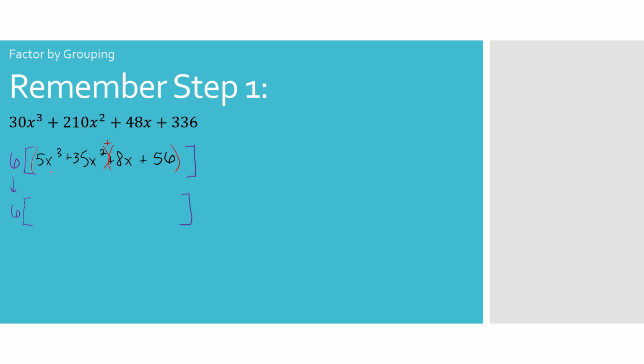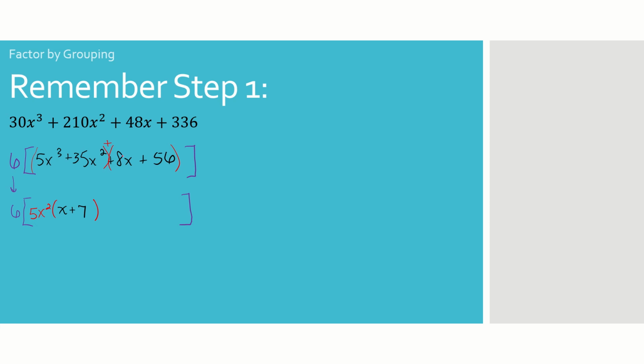So first group, the GCF of that first group is going to be a 5x squared. And we will factor that out, leaving us with an x plus 7.